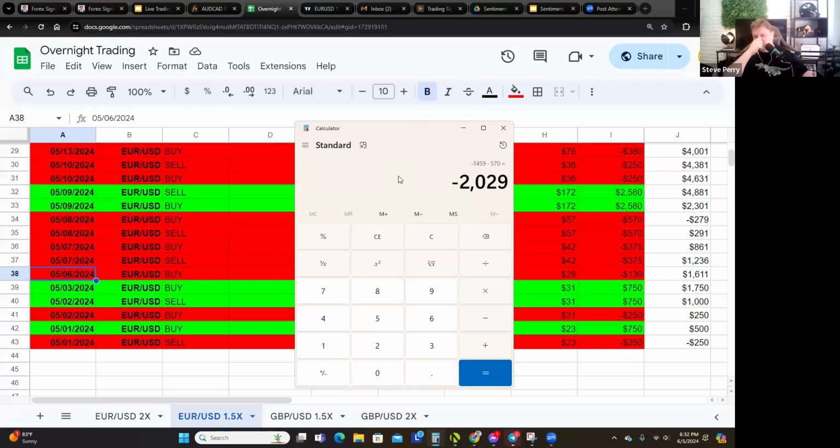Ouch, right? So you're down $2,029. That's about 2% on a 100K account total after 3 days of trading. Then you get this big win. One trade is all you really would have needed, right? You get plus 2,580, and that puts you now plus $551 over 4 days of trading.